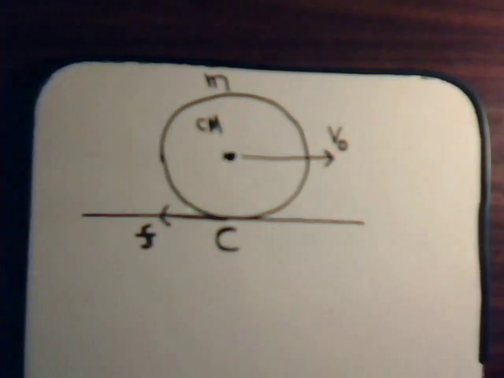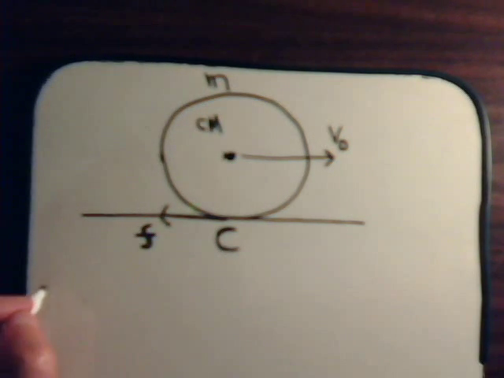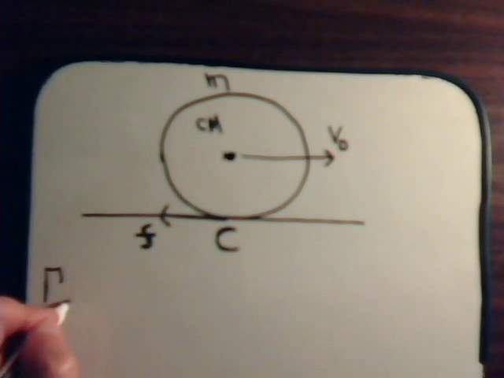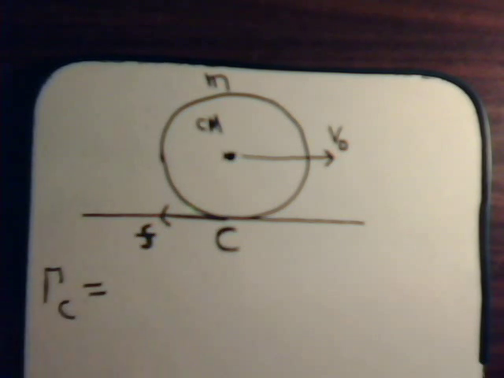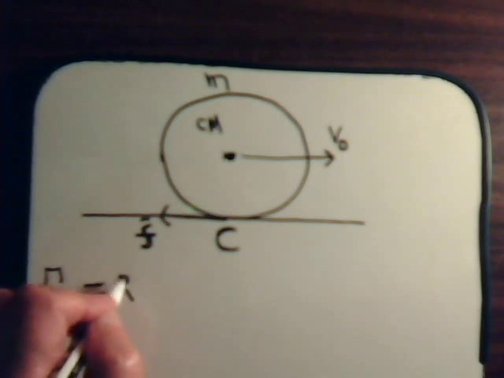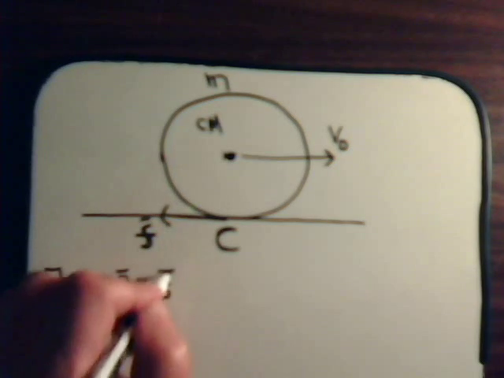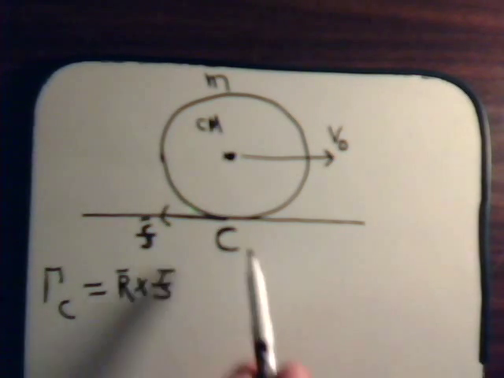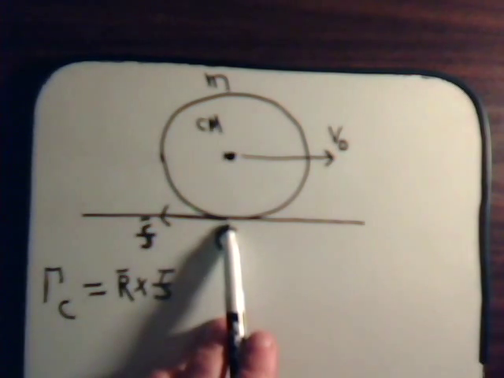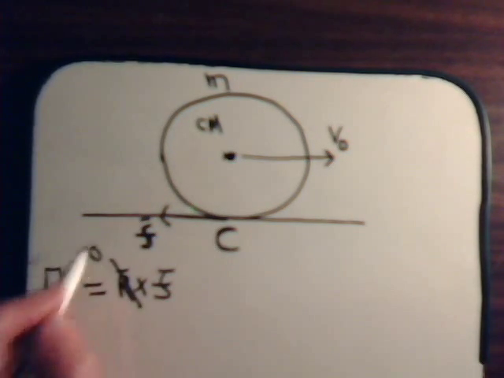Now, let's ask ourselves this question: what would be the torque at this point C? Well, torque is a position vector cross the force. This time it's the frictional force. But here again, this frictional force is right here at point C where it touches the surface. So that position vector is 0.